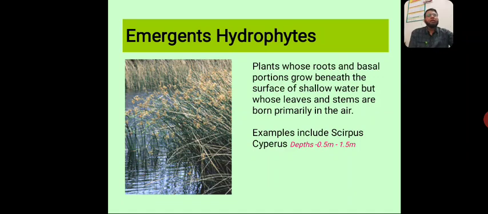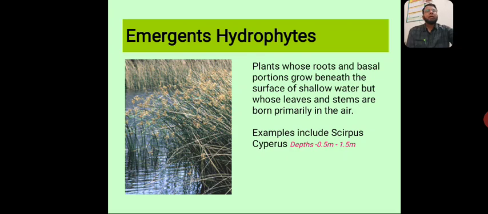The picture in the slide is showing emergent hydrophytes, amphibious hydrophytes: plants whose roots and basal portion grow beneath the surface of the shallow water, but the leaves and stems are borne primarily in the air, as we have just discussed.